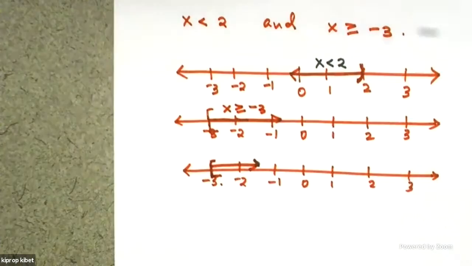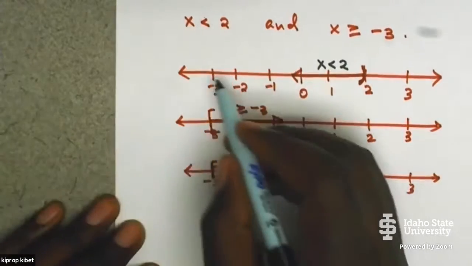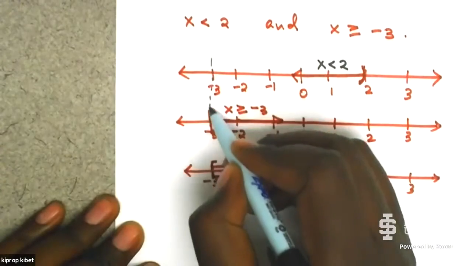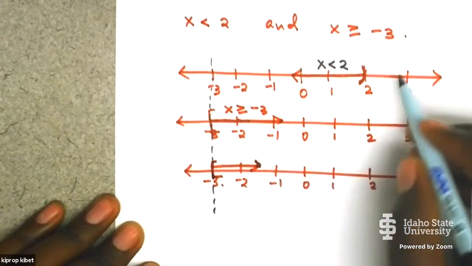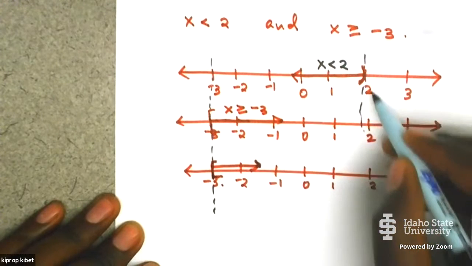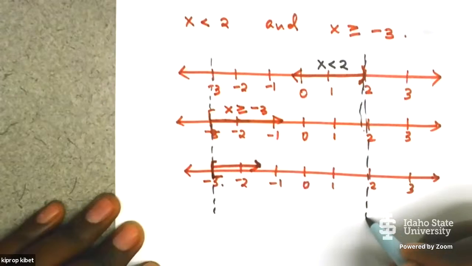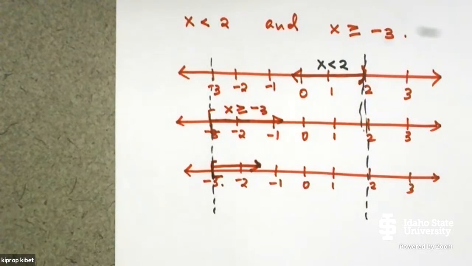Now, you look at this. So we want to get the values which satisfy both the inequalities, okay? We should satisfy both the inequalities.